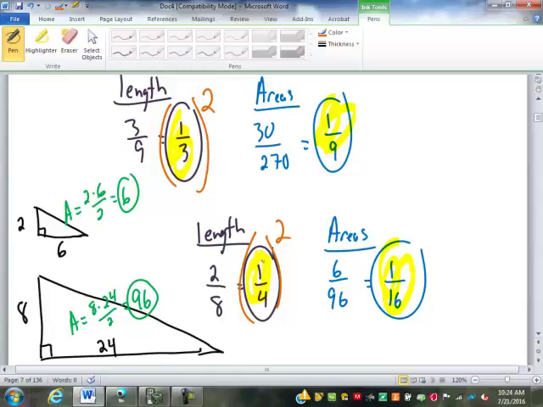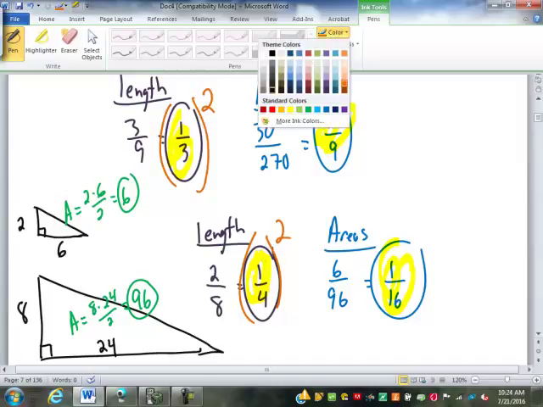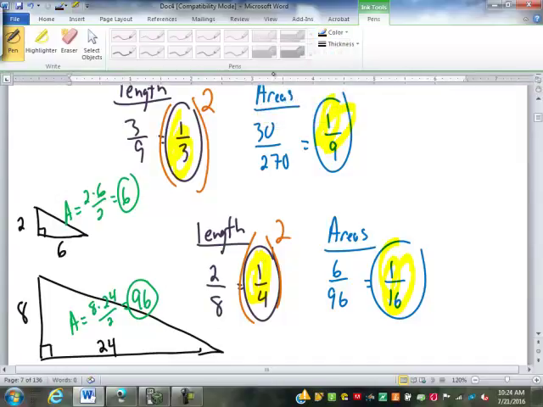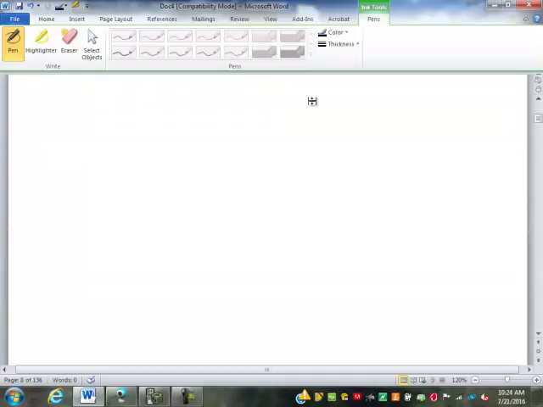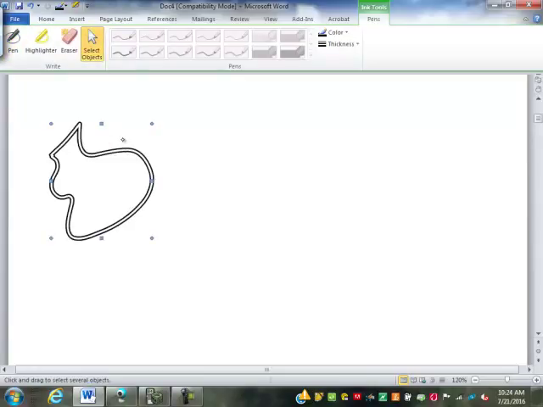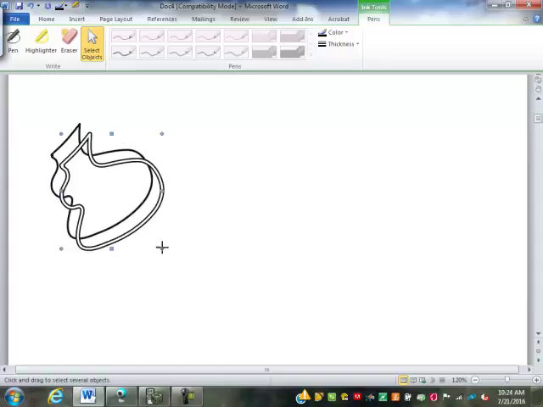Why is that useful information to us? Well, because these two figures that I did, right triangles and rectangles, it's really easy just to calculate the areas. But what if we have something funny like this? Well, every now and then in the real world you run into some weird shapes.